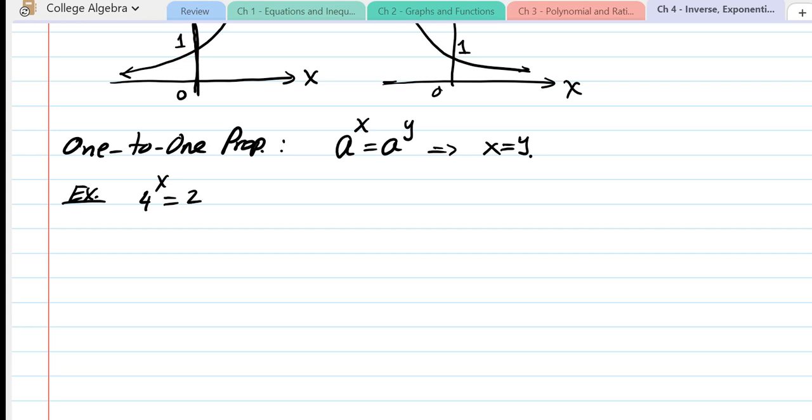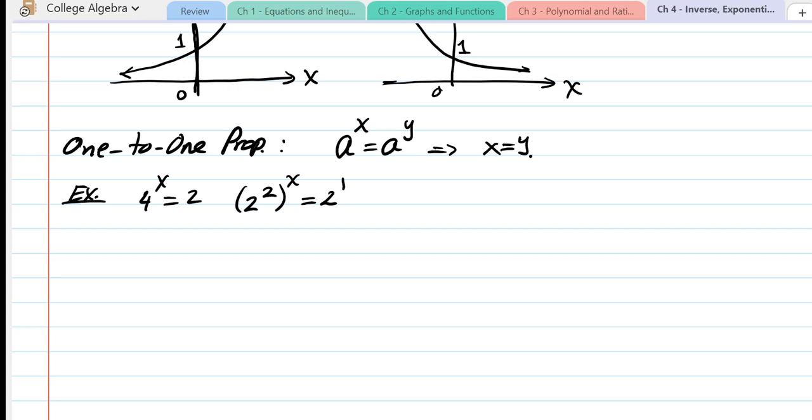So for example, let's say I have an exponential equation. This is an exponential equation because the variable x is in the exponent. For this one, I can rewrite 4 as 2 squared, to the x, equal to the right side. I'm just going to write 2 as 2 to the first.